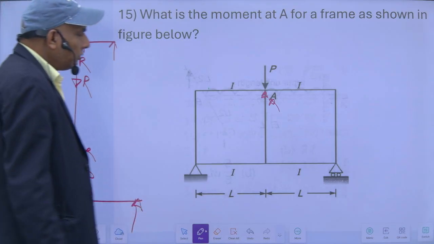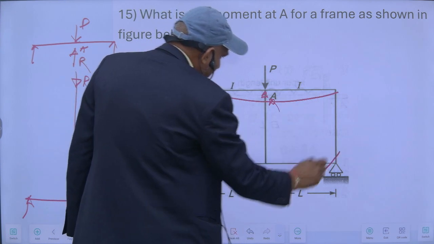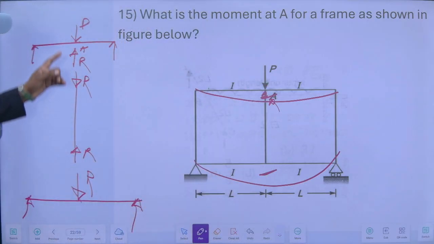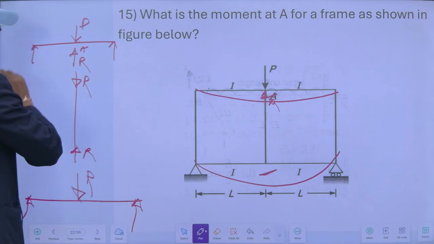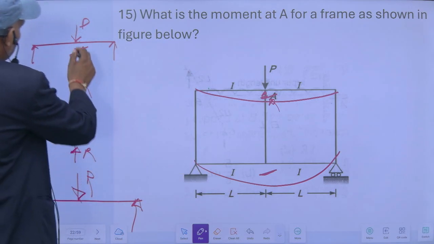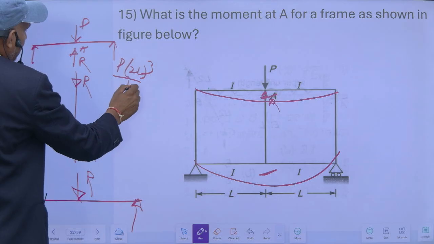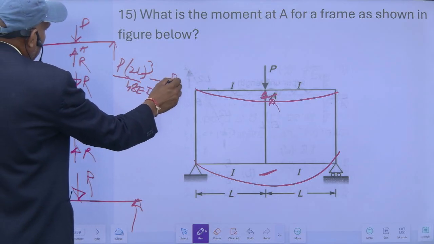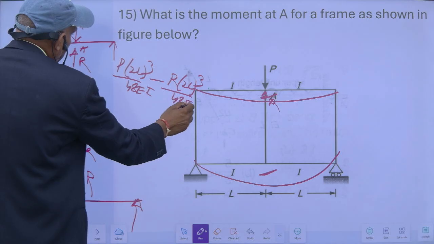Whatever my net deflection at this point, the same will be the deflection of this. This deflection is equal to this deflection, and this load will be P, this span is 2L. So P into 2L cube upon 48 EI minus R into 2L cube upon 48 EI.